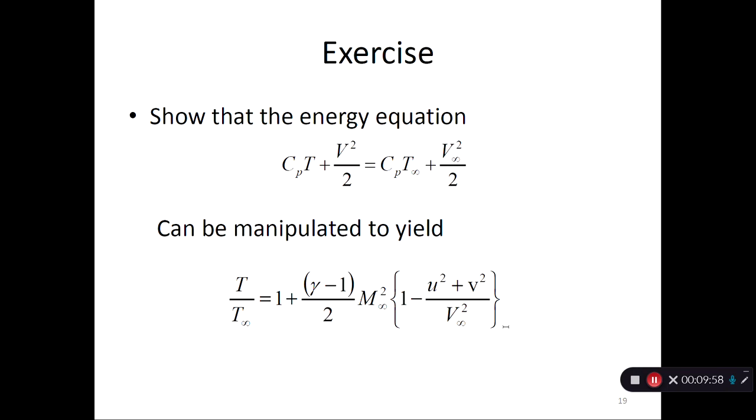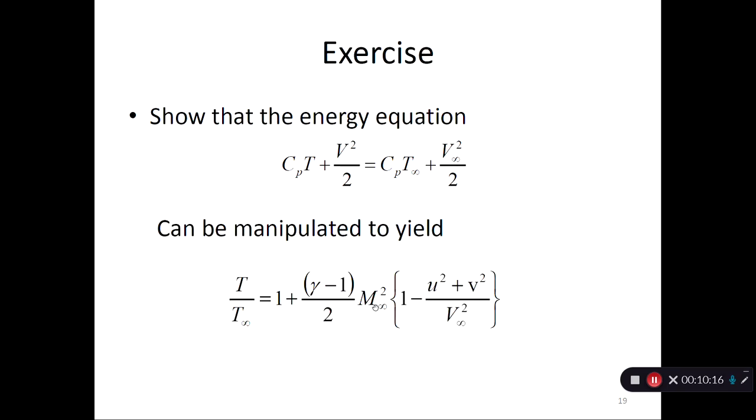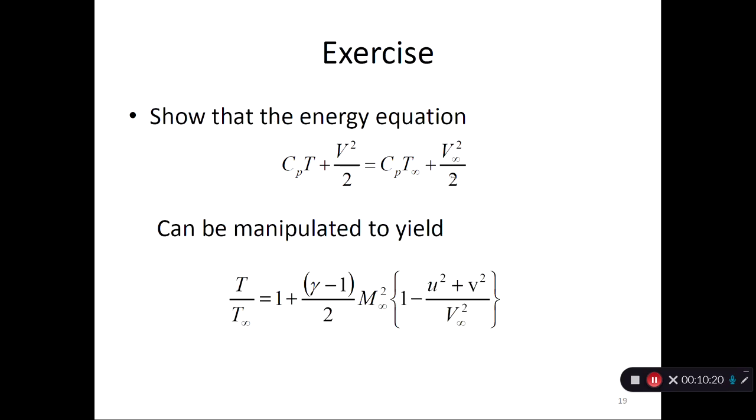Okay, it's extremely important that you learn how to manipulate simple algebraic equations like this to get the shown expression. Okay. There's no approximation needed, no linearization. It's just a massaging of the terms, representing Cp in terms of what we wrote here. Mach number squared is flow velocity squared, V infinity squared, divided by a infinity squared. Okay. So please practice this.